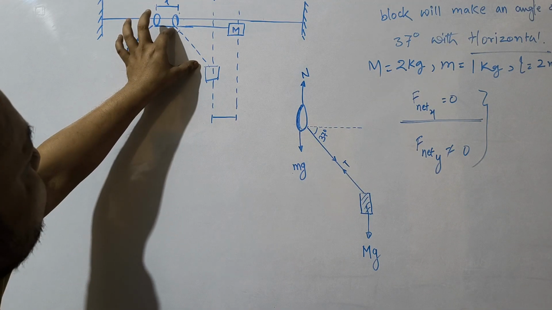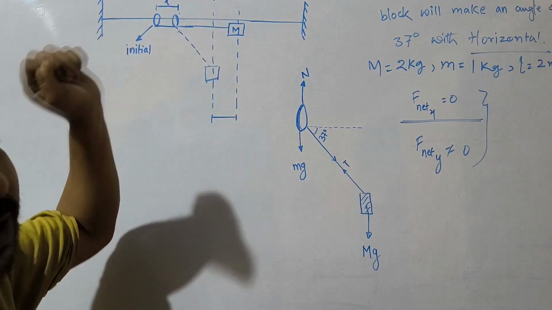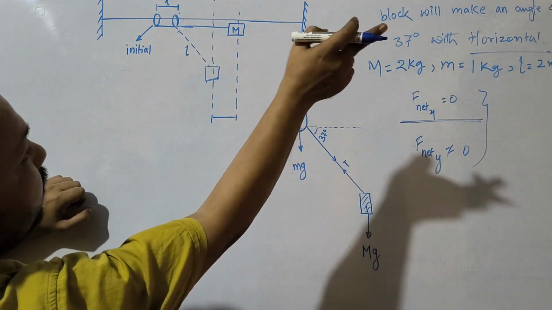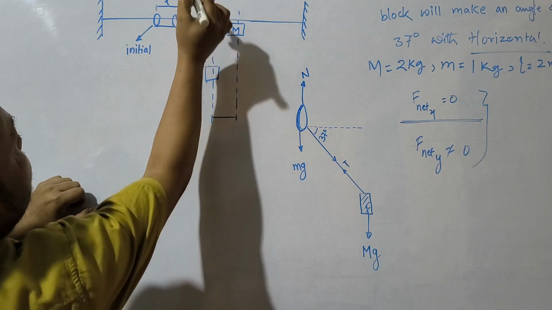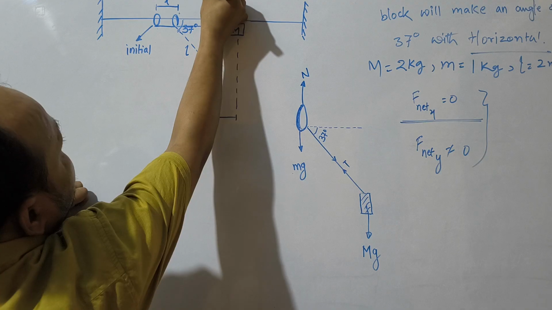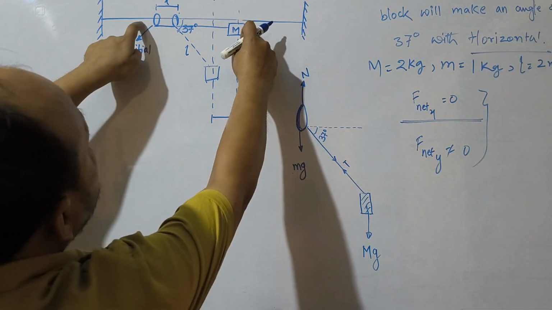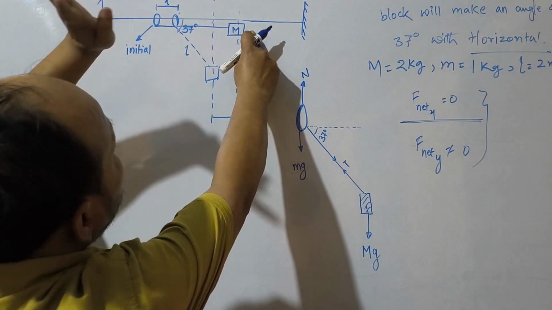This is the L, this is the 37, so this length will be L cos 37. If L is equal to 2 meter and this is 37, this length will be L cos 37. And the total length is L, so L minus x minus L cos 37.